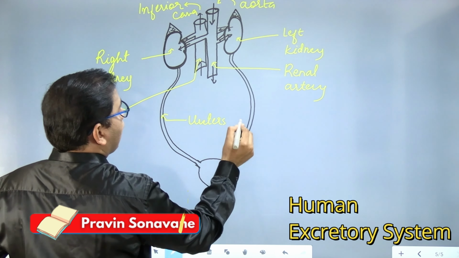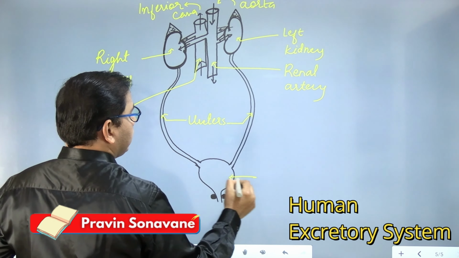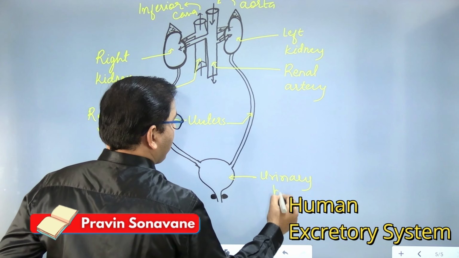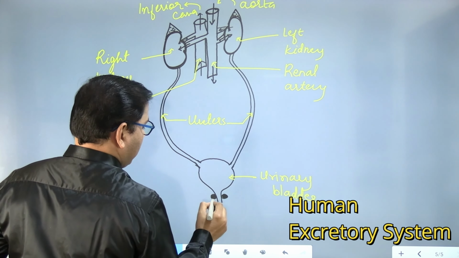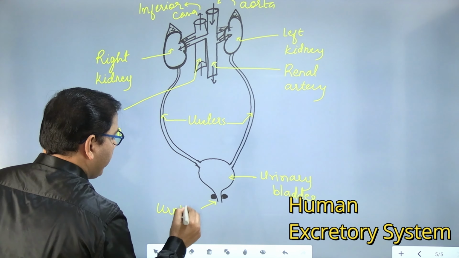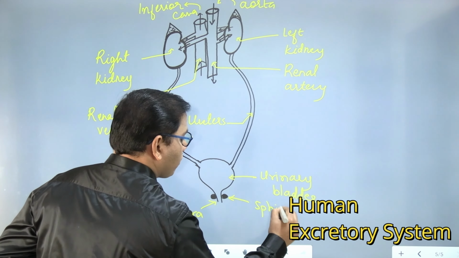These two are ureters. This is the urinary bladder. And this is the urethra. Okay, these are sphincter muscles.